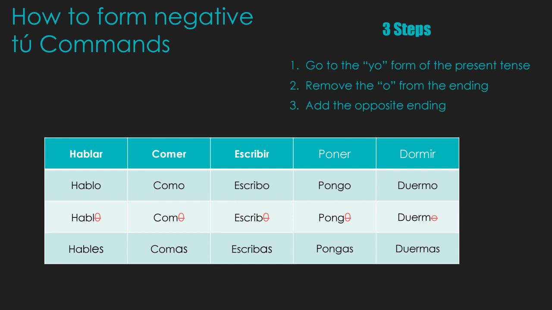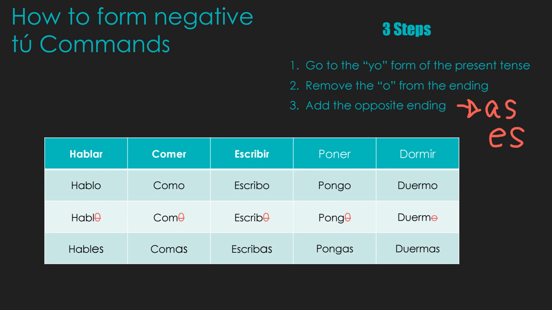Now, the only difference between the usted and ustedes commands that you formed and the negative tú commands that you're going to be forming today is just the opposite endings that you will add. And I'll go ahead and give it away to you up here by this 3rd step. Today, you're always going to be adding an AS on the end or an ES, depending on what the verb was originally. So let's go ahead and take a look at the table below.